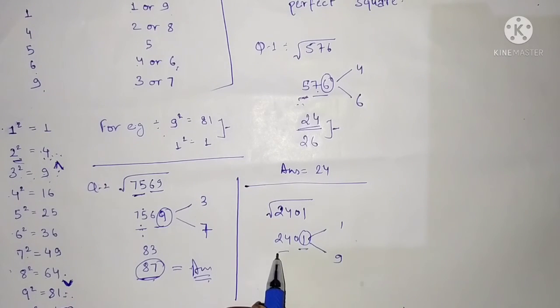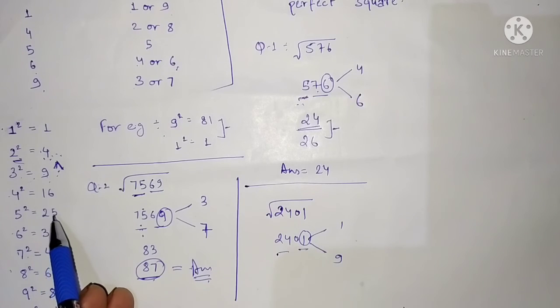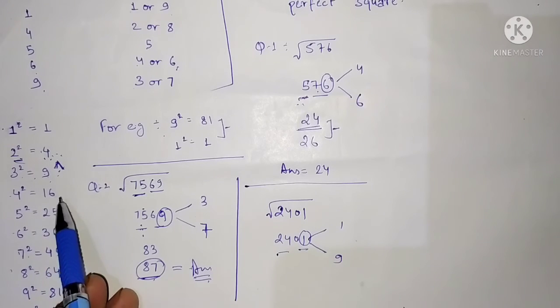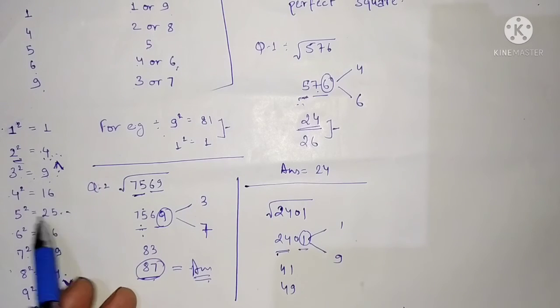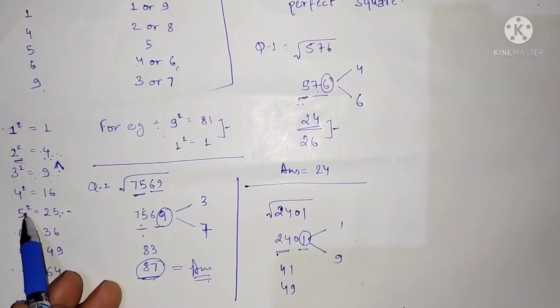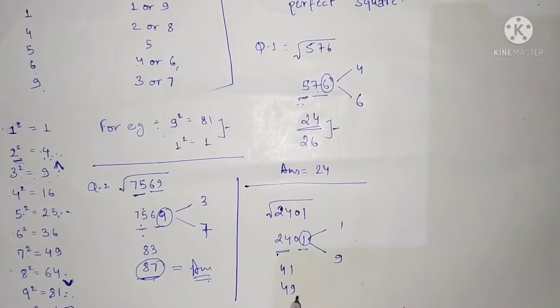Now the second pair is 24, which is between 16 and 25, so the answer must start with 4, that is 41 or 49. 24 is nearest to 25, so the answer must be 49. The answer is 49.